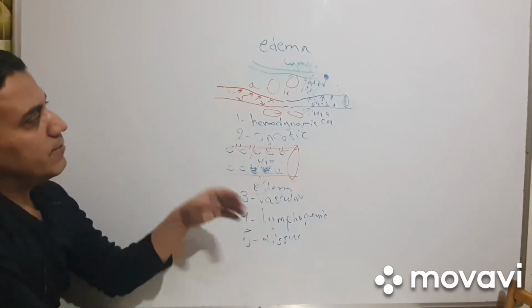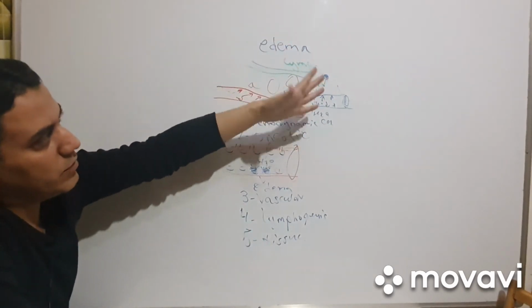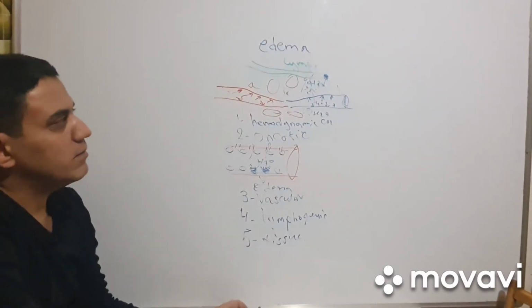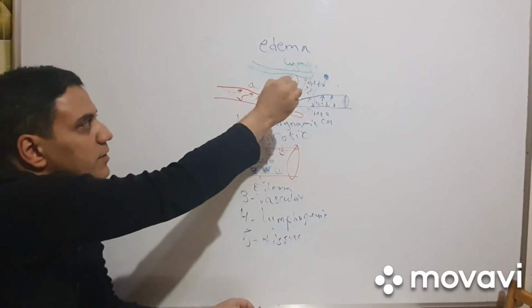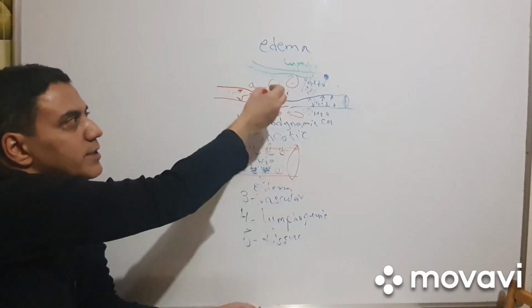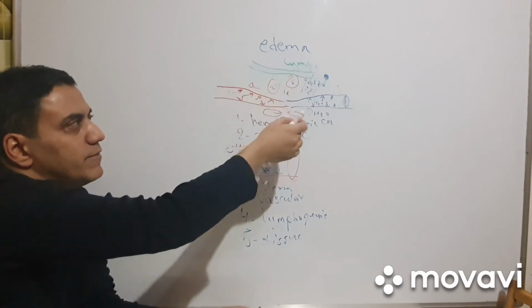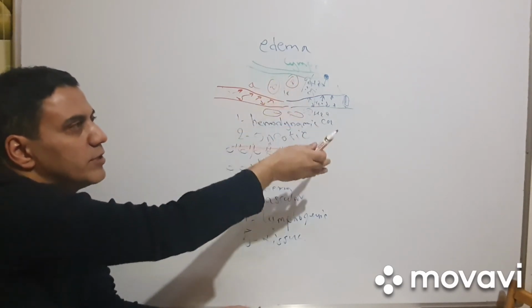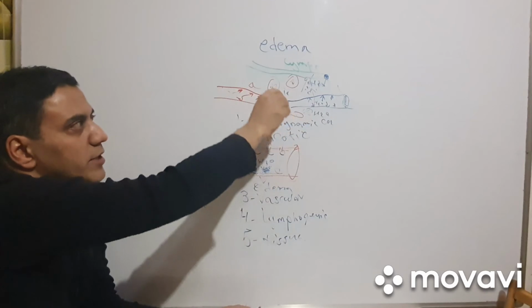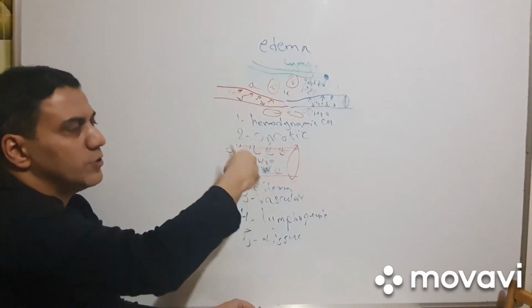Fifth factor is the tissue factor. In the tissue factor, the problem is not in vessels. Vessels could be normal. The problem is in the tissue, in the cell. In some cases of hypoxia, it will lead to accumulation of products of metabolism disorder due to hypoxia.